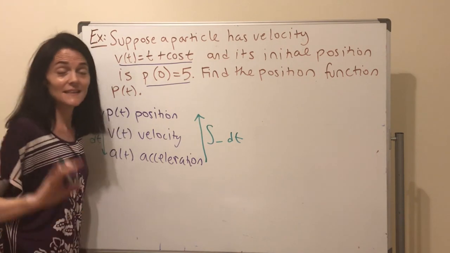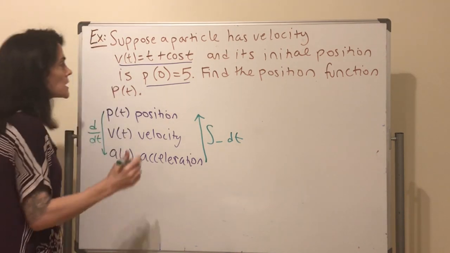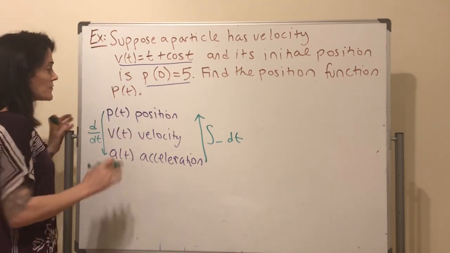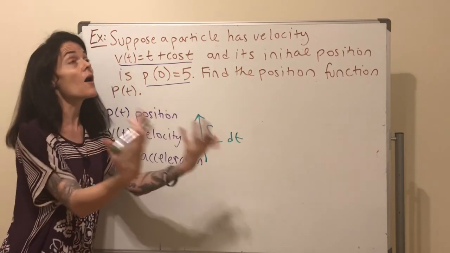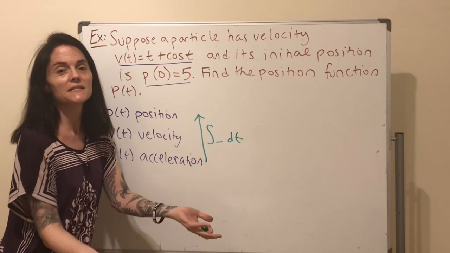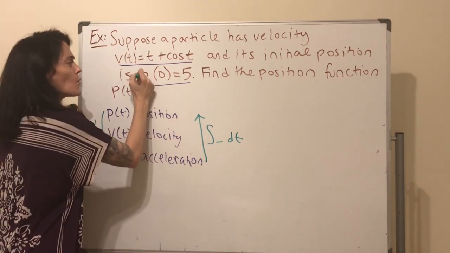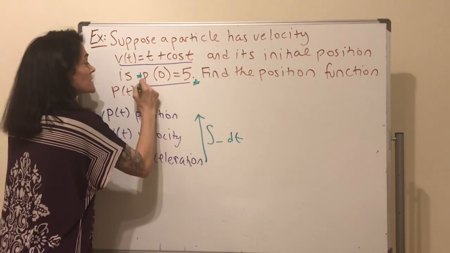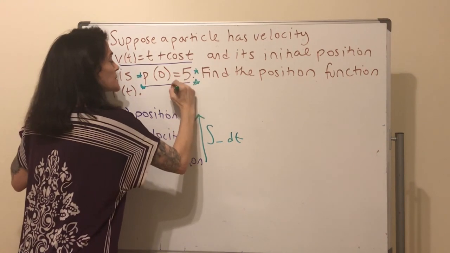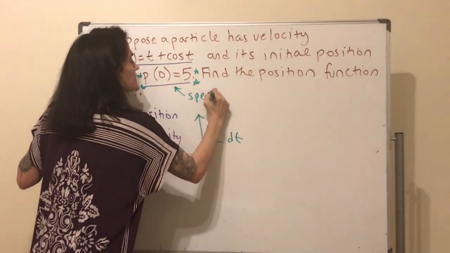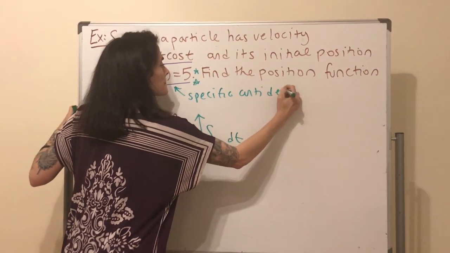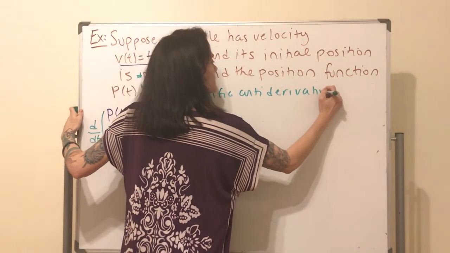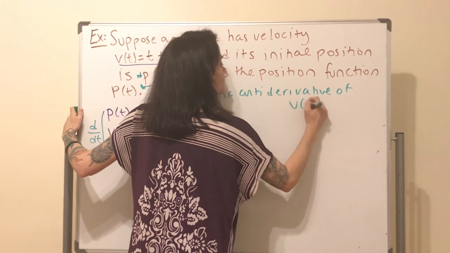But it's more than that here. We will not have position as some function plus c. That would be all antiderivatives. And you see, we don't want all antiderivatives. We want a specific antiderivative of velocity.